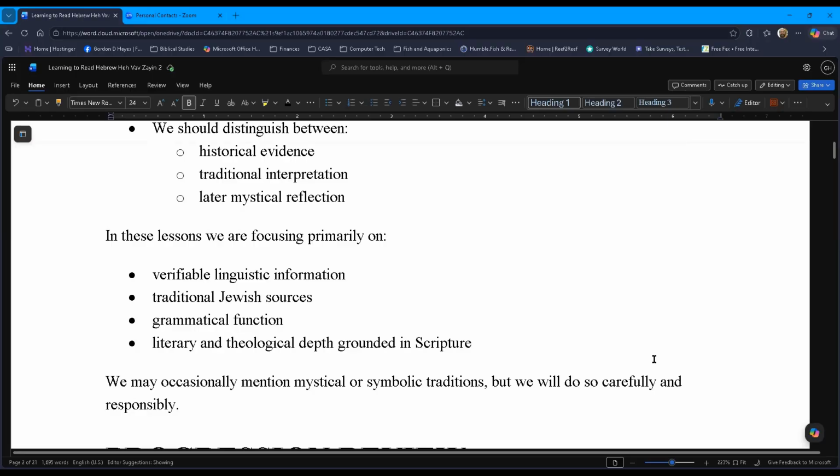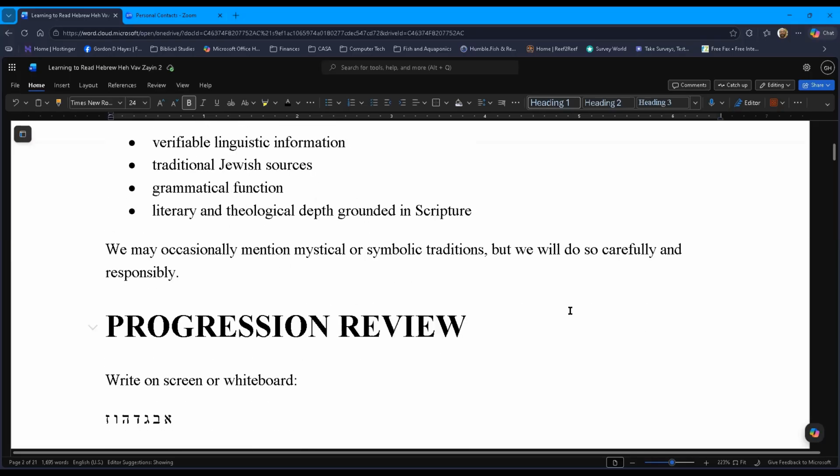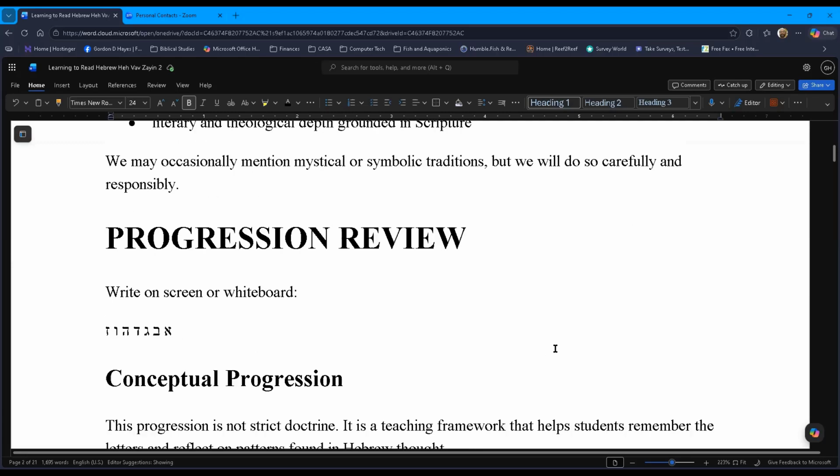And then building on it, traditional Jewish sources, grammatical function, and literary and theological depth grounded in the scriptures, primarily the Tanakh. We may occasionally mention mystical or symbolic traditions, but we'll do so carefully, and hopefully I will do it responsibly.